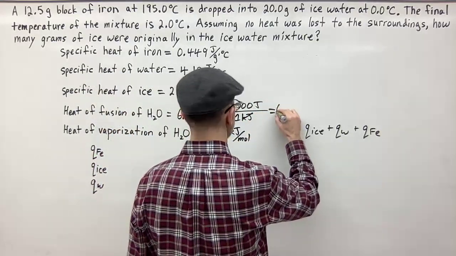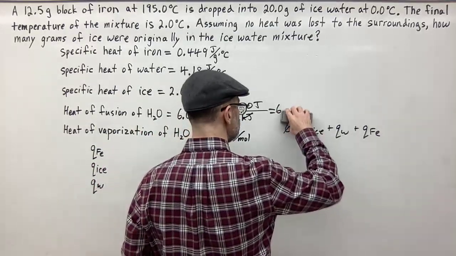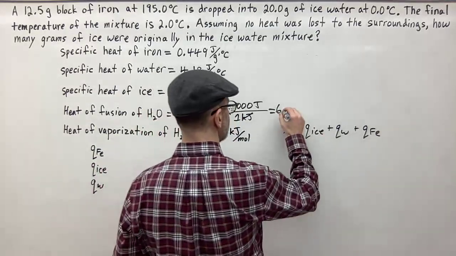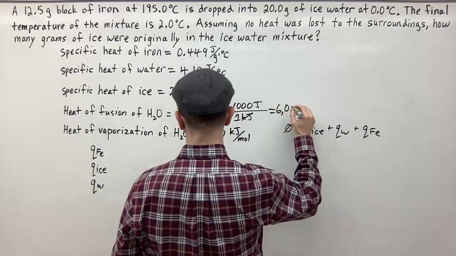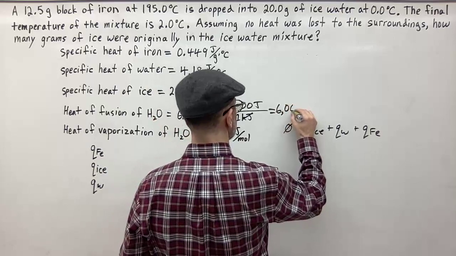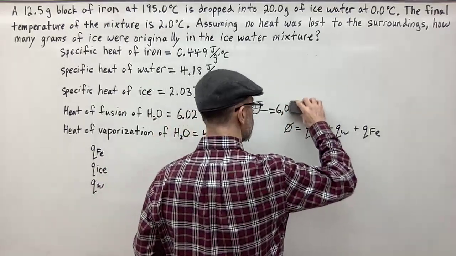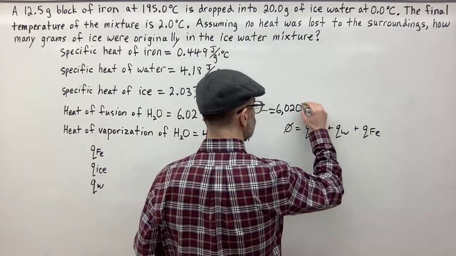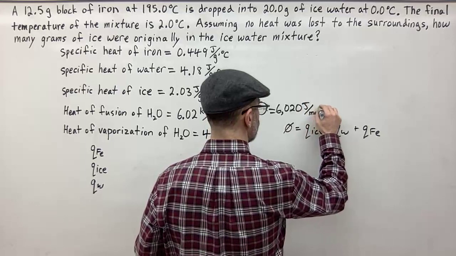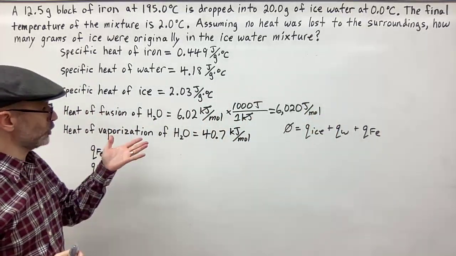So this becomes 6,020 joules per mole. Okay, that's the first thing.